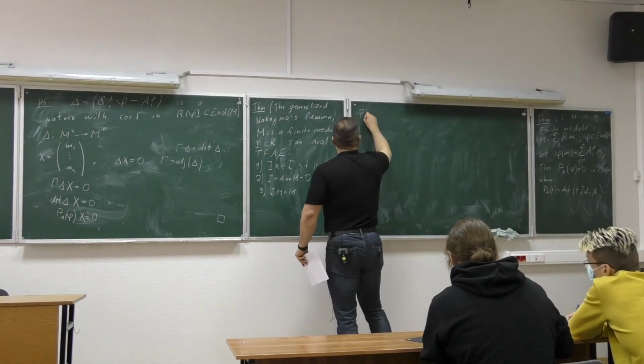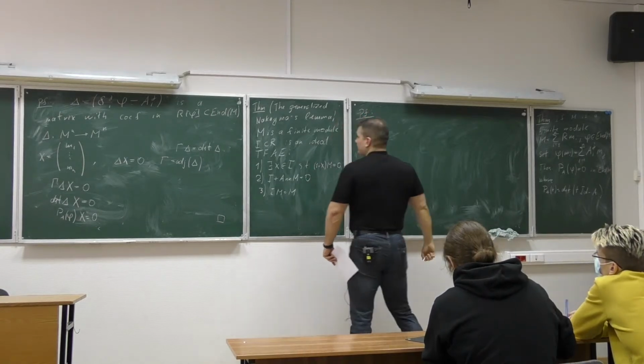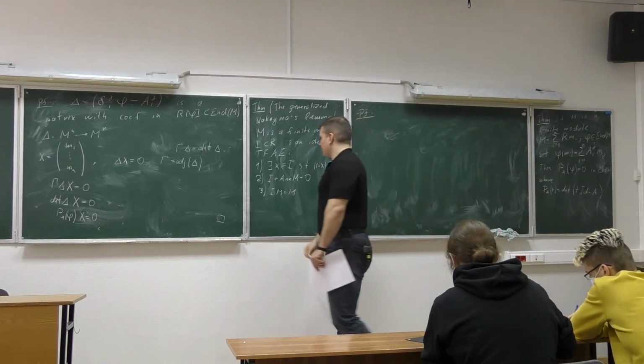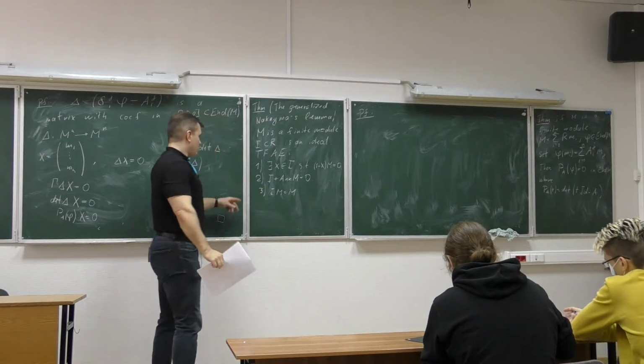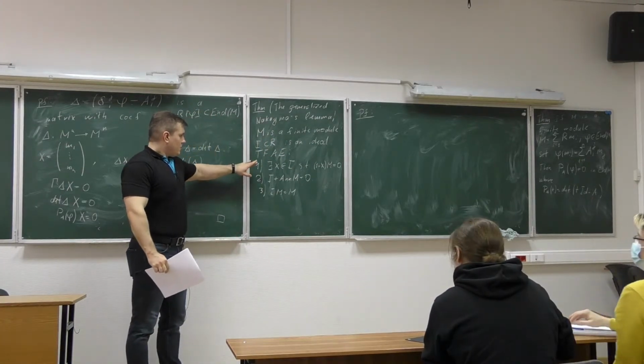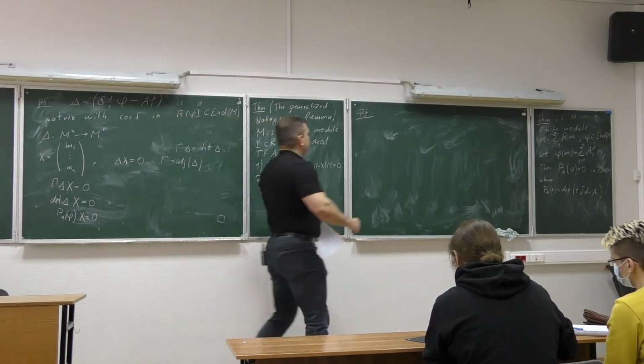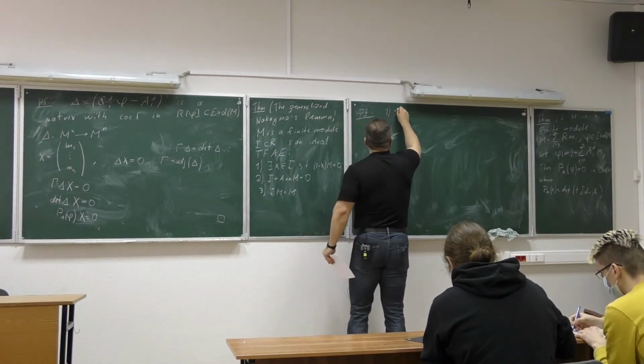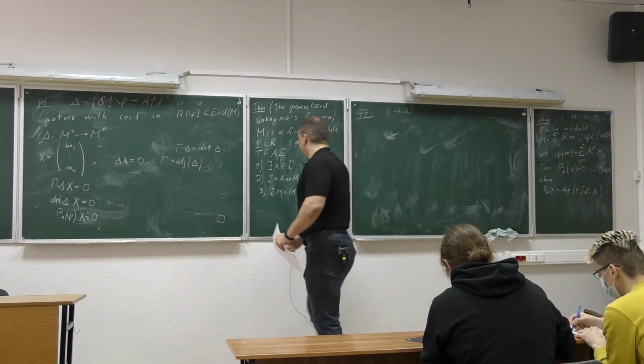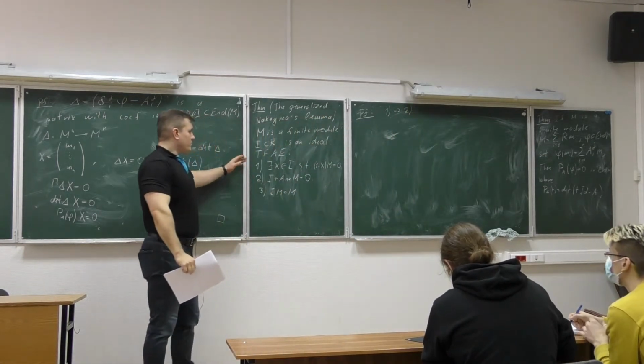Okay. So we're going to go in a circle. We're going from 1 to 2, from 2 to 3, from 3 to 1. 1 to 2: do I really need to prove anything here?